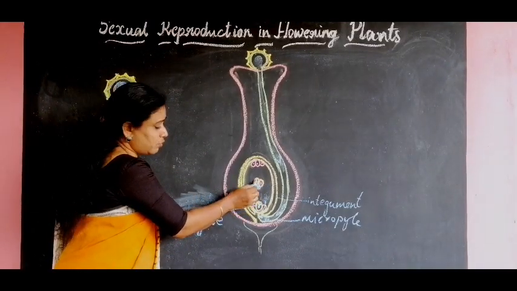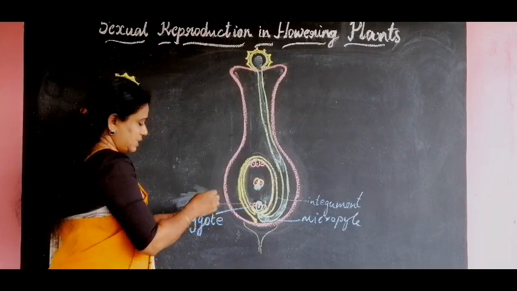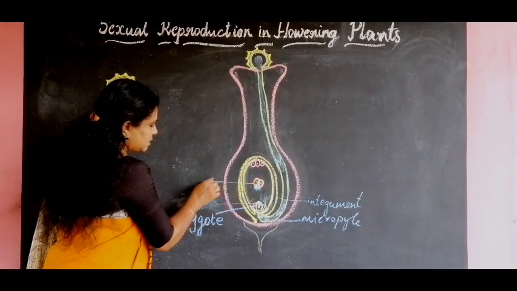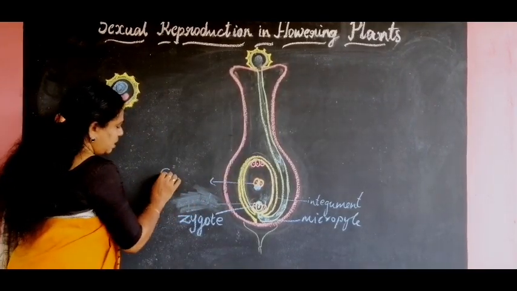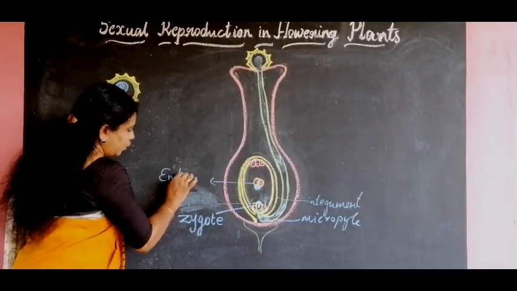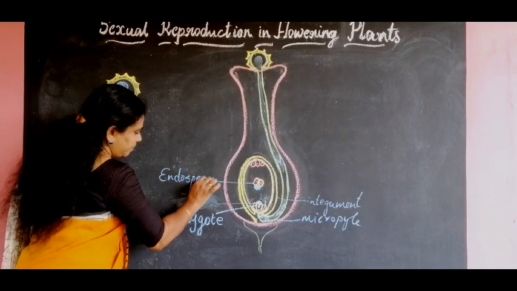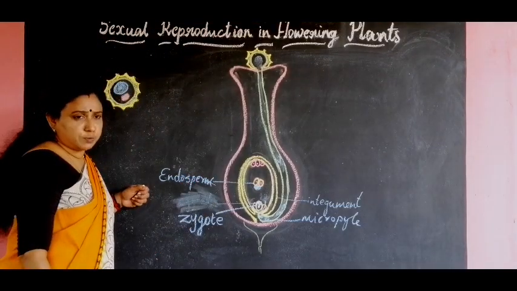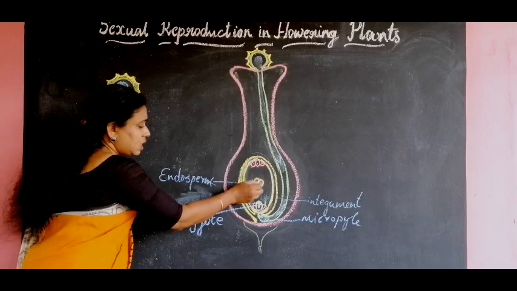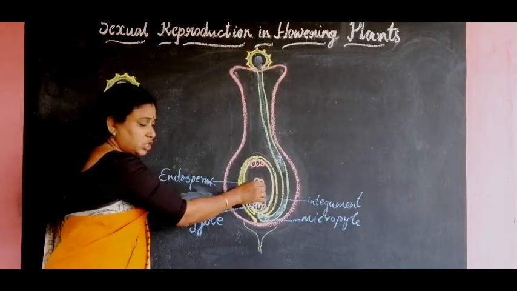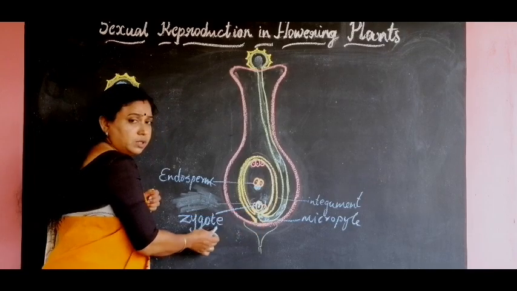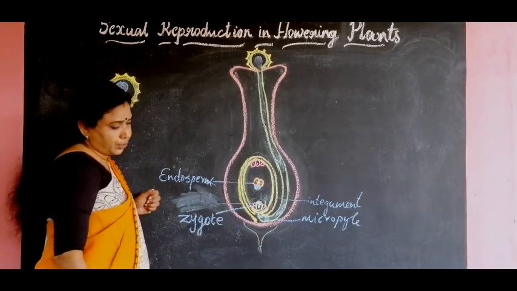Three nuclei fuse. This triple-nucleus cell will develop into the endosperm. So this is the primary endosperm, which provides the nutrition for the development of the zygote into the embryo.